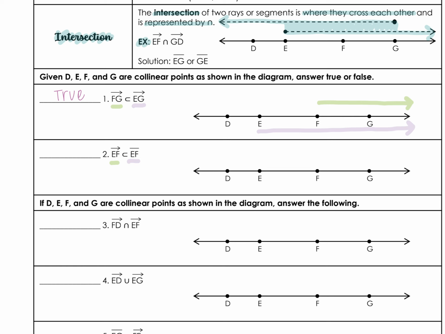Okay, so is ray EF, starting at E going towards F, a subset of segment EF? So is all of the first, my green one, contained inside the second, the purple?